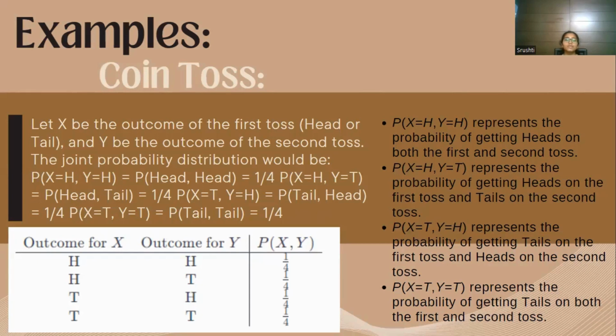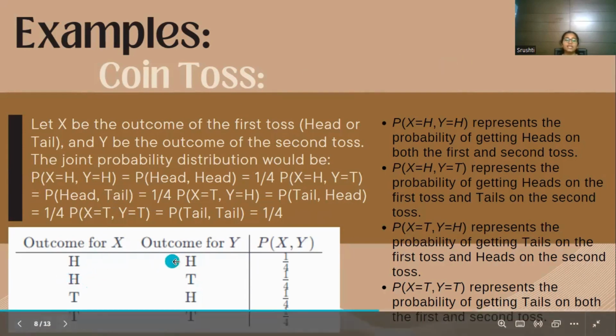P of X equals T and Y equals H, which is P of tail, comma head, again equals 1 by 4. P of X equals T and Y equals T, which is P of tail, comma tail, equals 1 by 4. Here it shows that the probability of outcome of H and H, that is head and head, is 1 by 4.